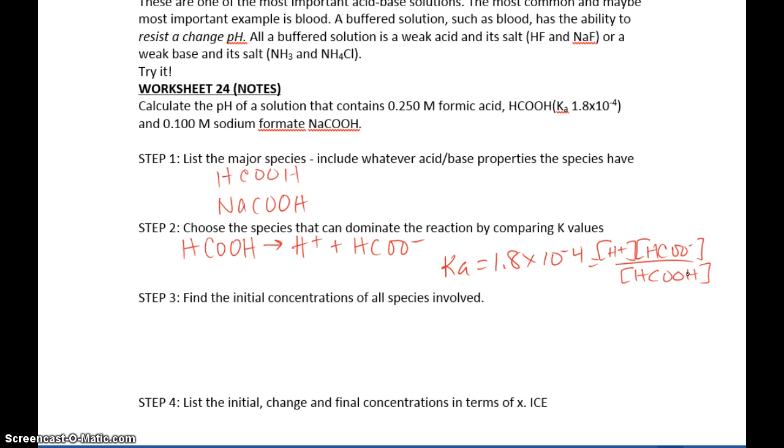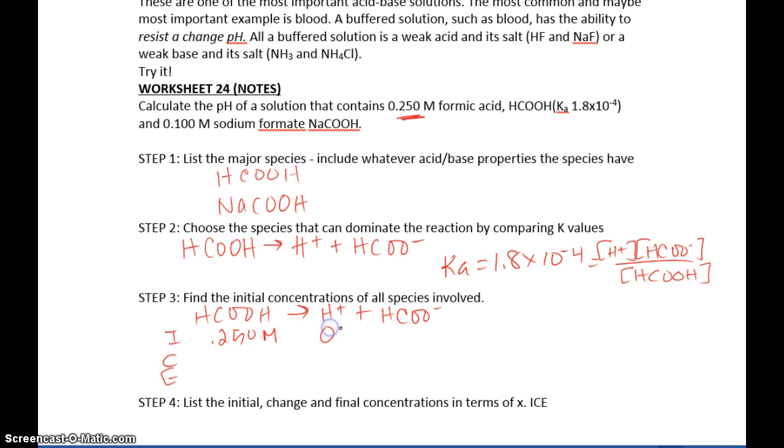Okay, we're going to set up our ICE chart. We have 0.250 molar of the formic acid right there.